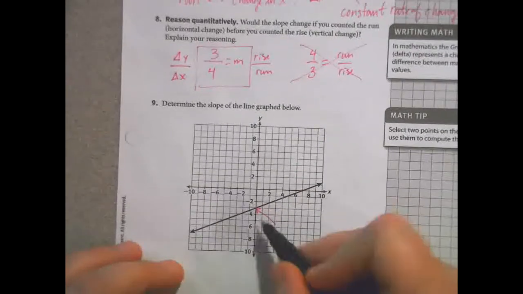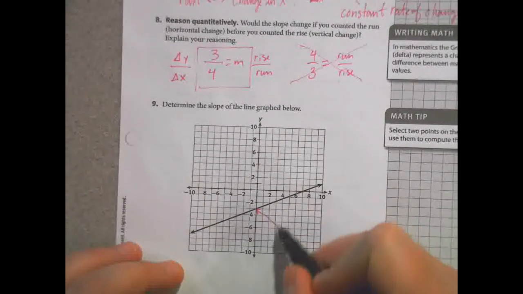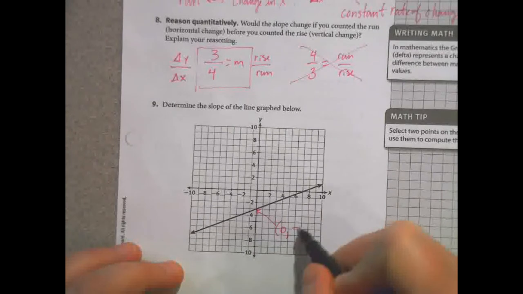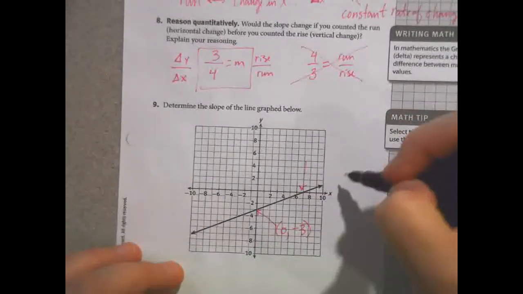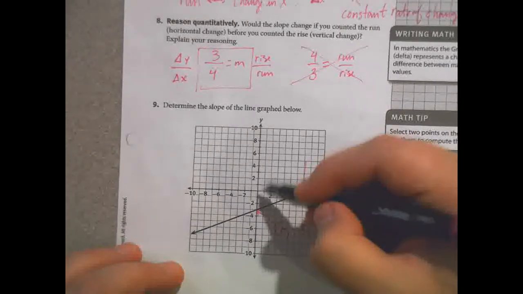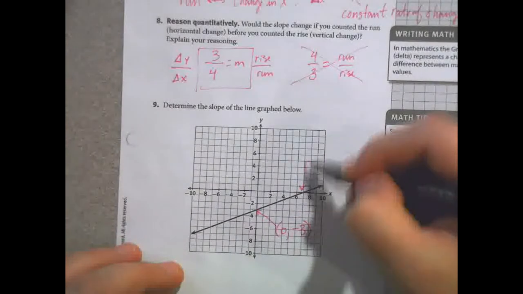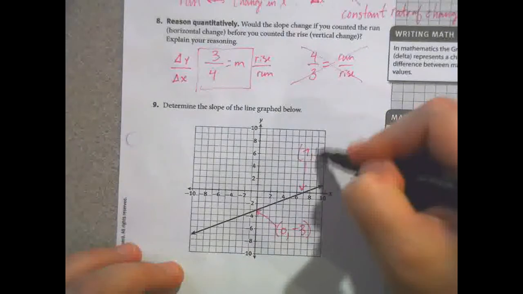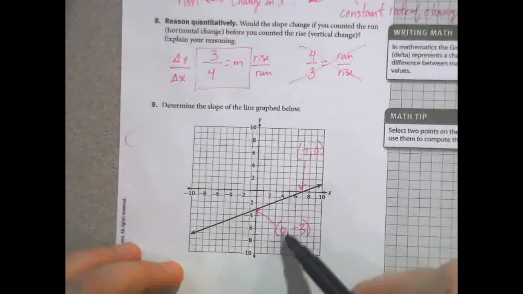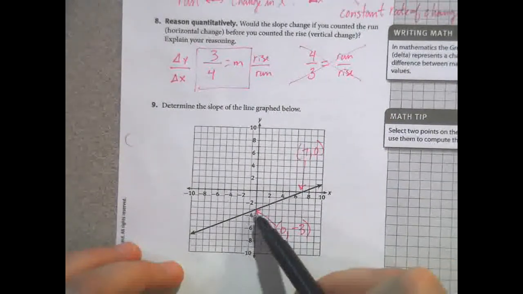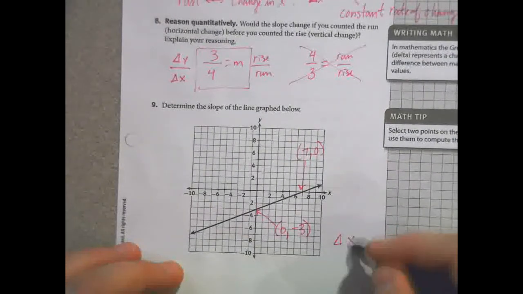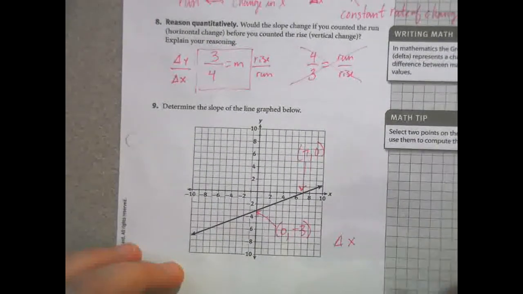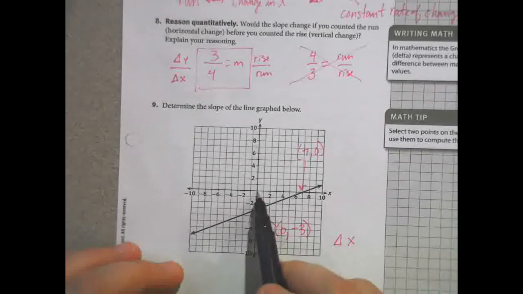I'm going to choose something easy, like this point right here is (0, -3). And this point right here is (7, 0). Okay? So if I leave 0 and I go over to 7, my change in X, because I'm doing my run here, is 7.